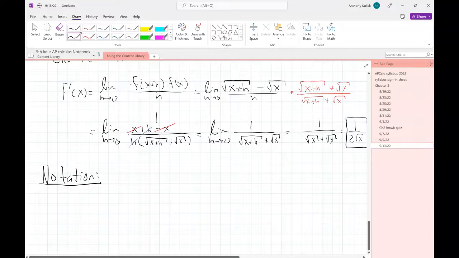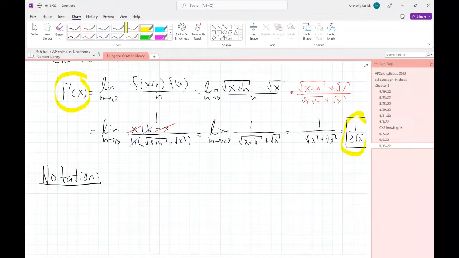Is that all we're looking for? So that's the equation for the derivative, f prime of x is equal to that. So I can use that to find the derivative at any point I'd like by just plugging the value for x into that function.